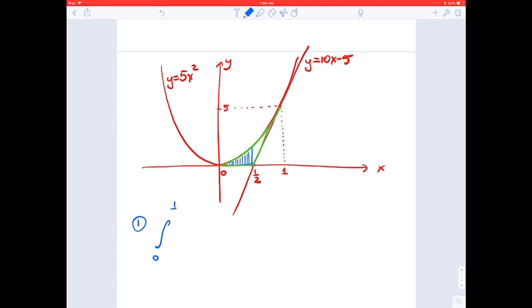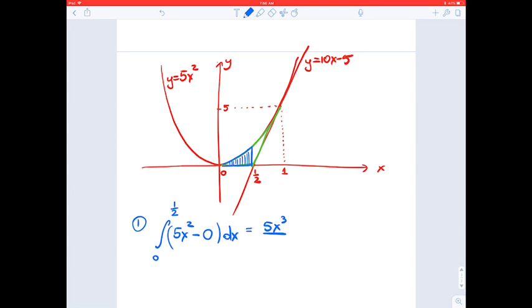The area of the blue part will be defined as an integral from 0 to 1/2, and the top function, of course, is the parabola 5x squared minus, we don't even have to write 0, but I can write it. It's basically the definite integral, because a definite integral represents the area under the curve above the x-axis. But since we're talking about the area between two curves, I have my subtraction.